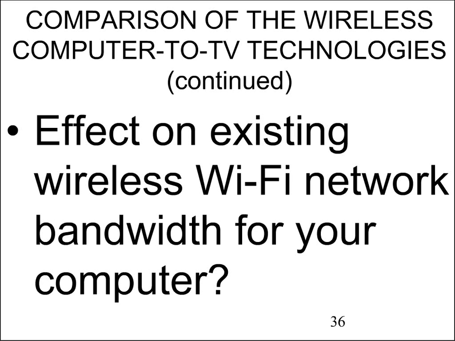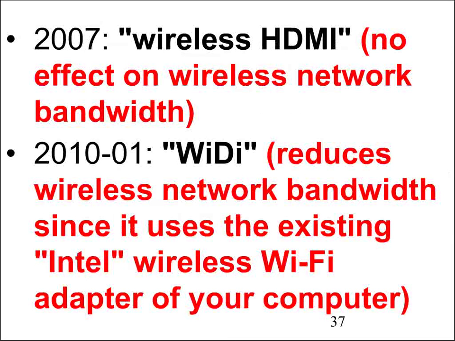And a lot of people would prefer not to use up some of that available bandwidth to send signals between their computer and a TV. So for that, you're pretty much stuck with either HDMI or wireless HDMI, but each one of these technologies has a different amount of effect on your Wi-Fi bandwidth.